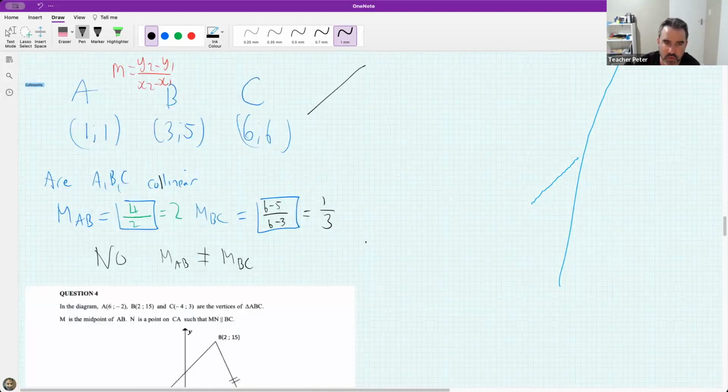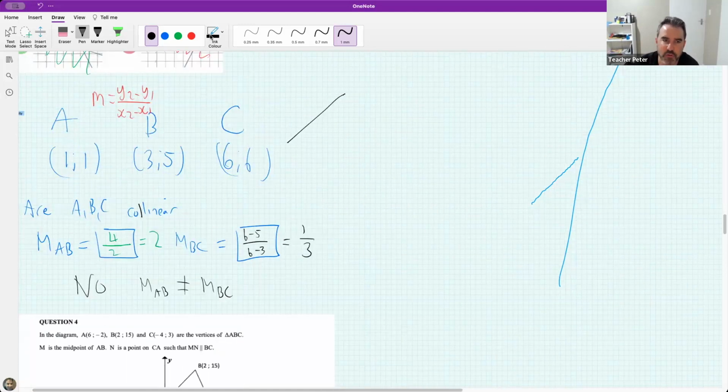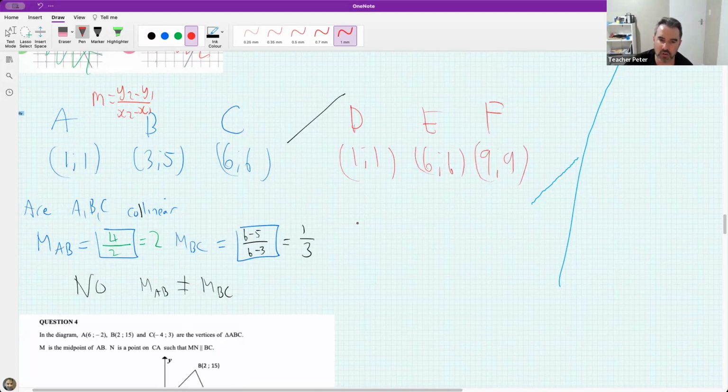Okay, let's do one more like this. If I gave you the points D, E, F, and the points here are D(1, 1), E(6, 6), and F(9, 9). Are D, E, F collinear?